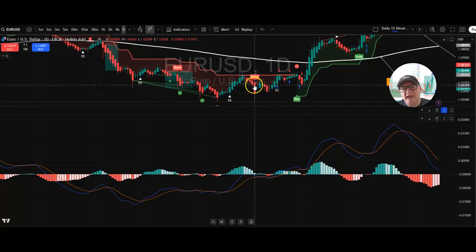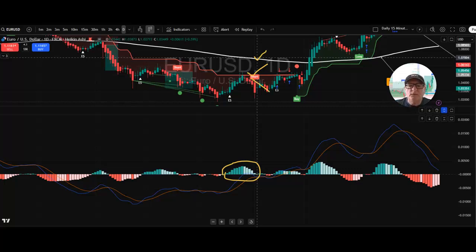So at this short entry here, you can see that it is valid in terms of a few things. It is valid below the 200-day moving average, still holding on to the super trend, and the histogram is green, so you are looking for a short.